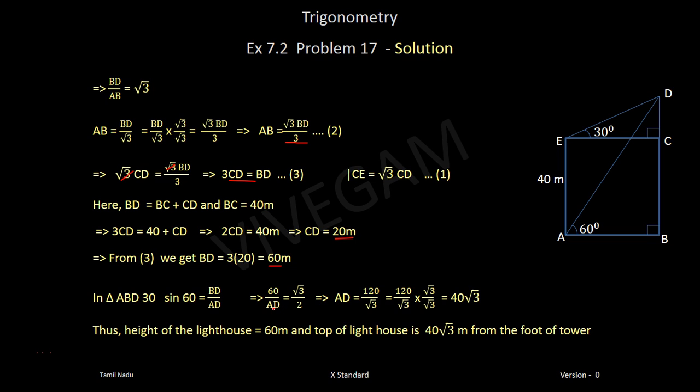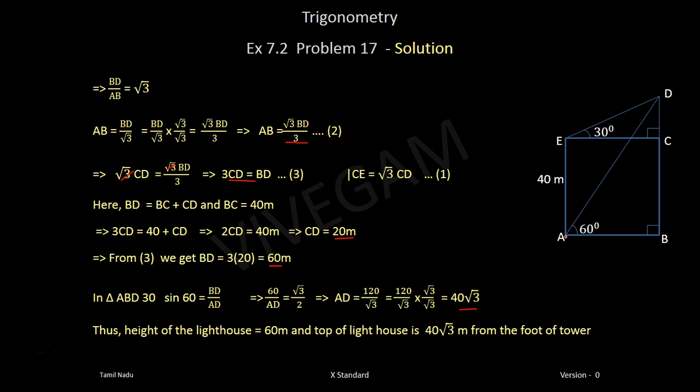So 60 divided by AD equal to the value of sine 60. Sine 60 is root 3 by 2. So AD will be equal to 120 by root 3. Right? And this again, we don't want to have root 3 in the bottom. So you multiply and divide by root 3. So this will become 3. So you'll get 120 root 3 by 3. 3 will go 120 40 times. So this distance is 40 root 3.